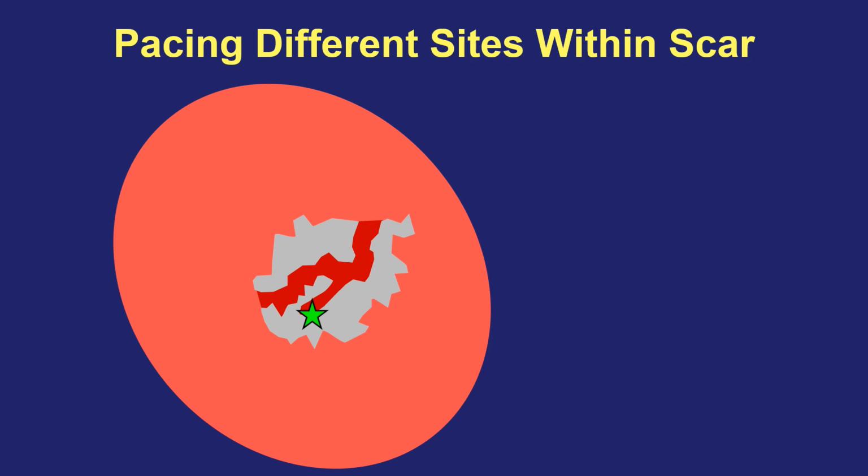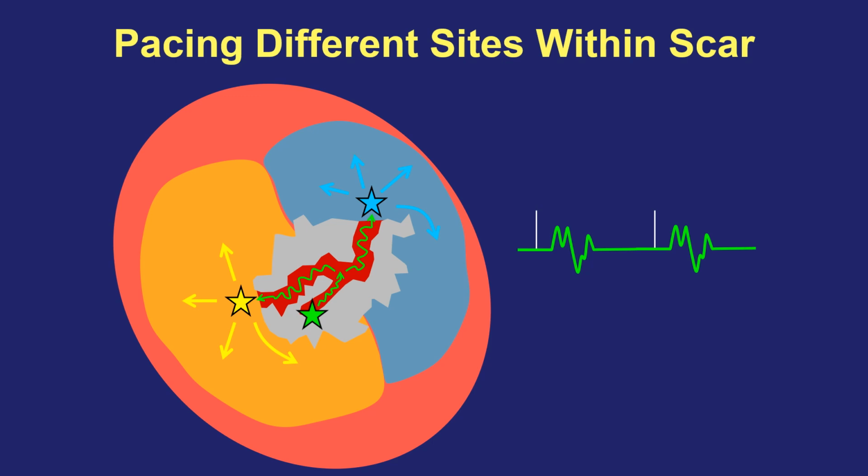You actually might get the exact same QRS that you just got, because you're going to potentially travel to that midpoint in that scar and then out both exit sites as before. But one interesting difference, even if the QRS shape is the same, might be the timing between the pacing stimulus and the start of the QRS. You're further away from those exit sites. So in fact, that pacing stimulus might move further away from the beginning of the QRS. The stim to QRS timing would be longer if you are further embedded, further deeper in the scar away from the exit site or sites.